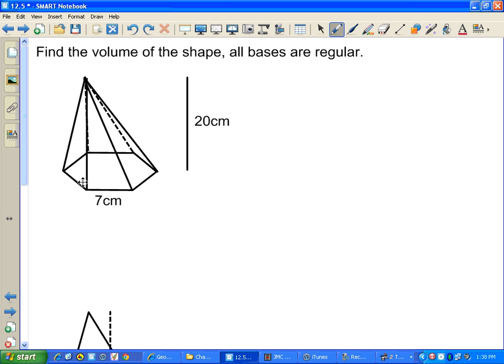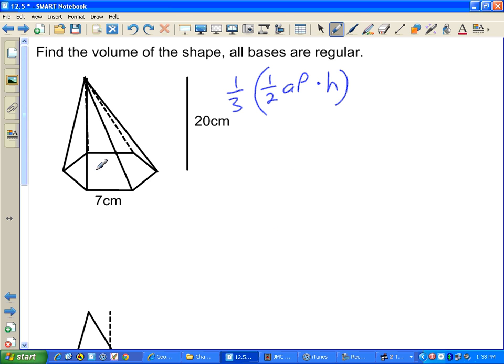So if we want to find the volume of this, first we're going to find the volume of a prism that would have the same base shape. The volume of that would be 1/2 apothem times perimeter times the height. But we're going to take 1/3 of that since it's a pyramid.